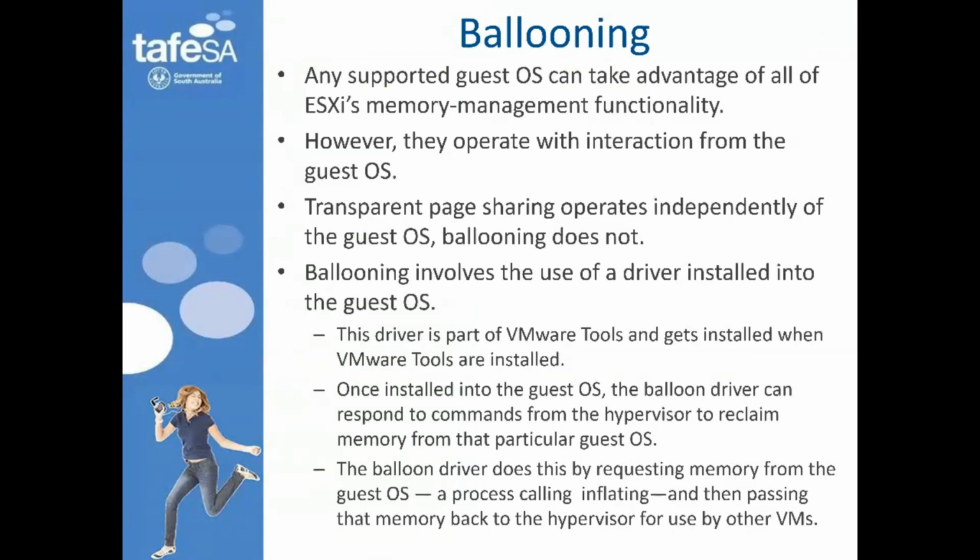So what does it do? The machine can't suddenly give it back to you. Like, what was it going to do with all the things stored in memory? So what it does is that balloon file, it's virtual memory, okay? That balloon file, the VMware tool driver starts putting what's in physical memory into this balloon file. Okay, as far as the guest operating system goes, it doesn't know about it, but it's happening behind the scenes.